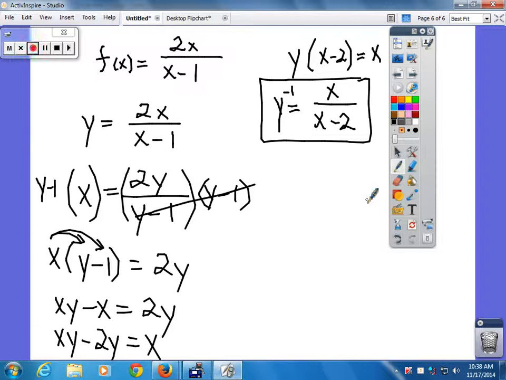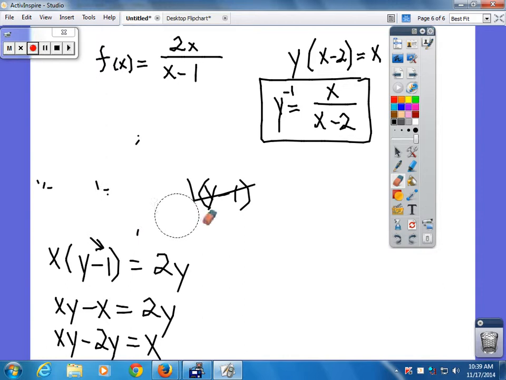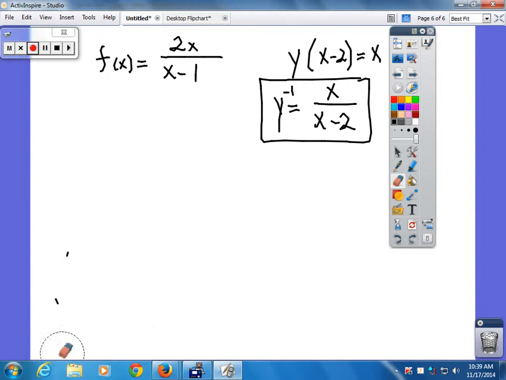All right. So let's erase all of this. And I'll take this out. We'll call that G of X, which usually means the inverse.